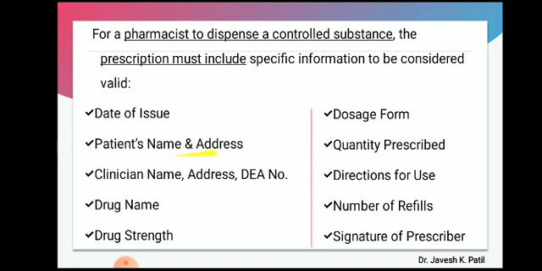Definitely the name of the patient with address, the name of the doctor or clinician with address, and the important thing, the Drug Enforcement Administration number, and the name of the drug, its strength, and what dosage form it is. Then importantly the quantity prescribed, how much amount: 10 tablets, 15, 20, exactly. Then the directions, how it should be administered.